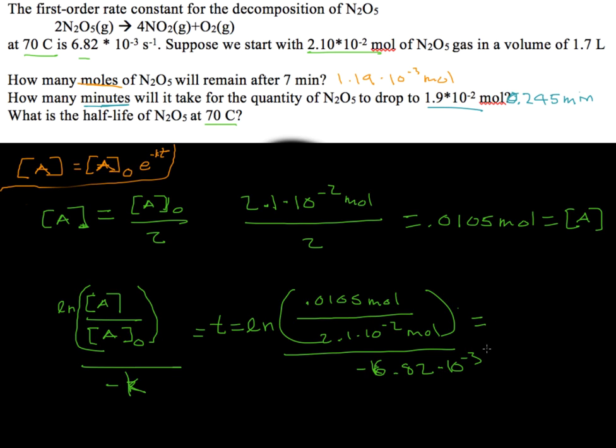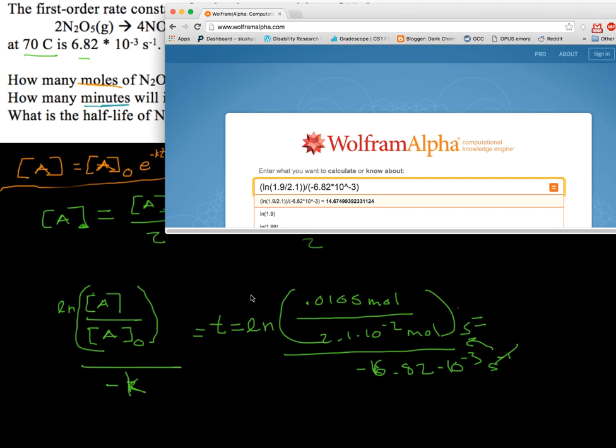And so we're going to be left again, oh, and this is seconds to the negative 1. Again, we'll have seconds up here as our unit. Let me bring up that online calculator one more time. I'll make our lives a little bit simpler.